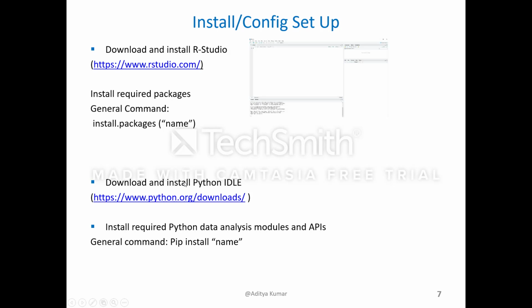For Python, I downloaded it from python.org. I downloaded Python 3.7, and the remaining modules and APIs were installed using the pip install module name command, using Cygwin as a Linux environment in Windows. So these were the installation details.